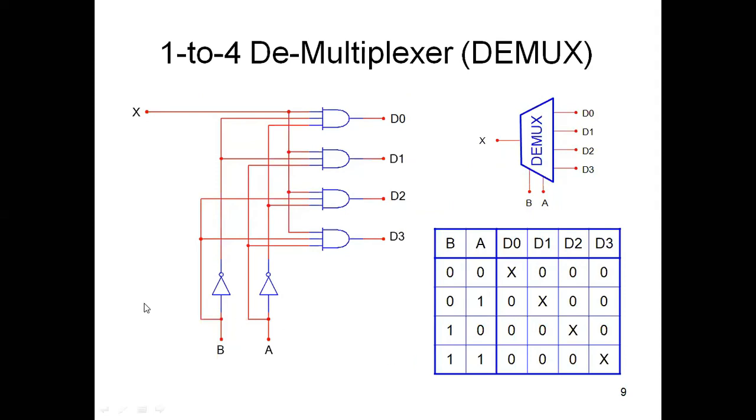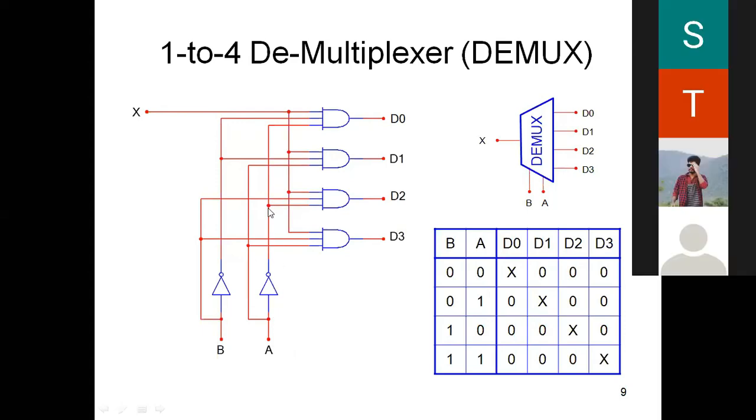So here A is equal to 0 and B is equal to 0, and X is passed as 0. So A is equal to 0, so this line is going here.